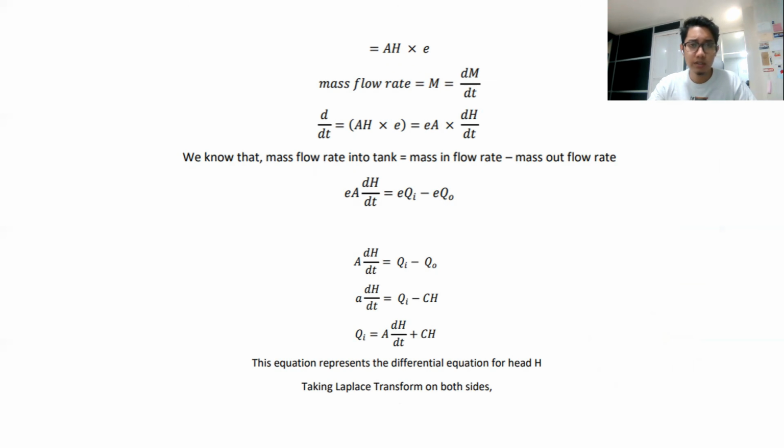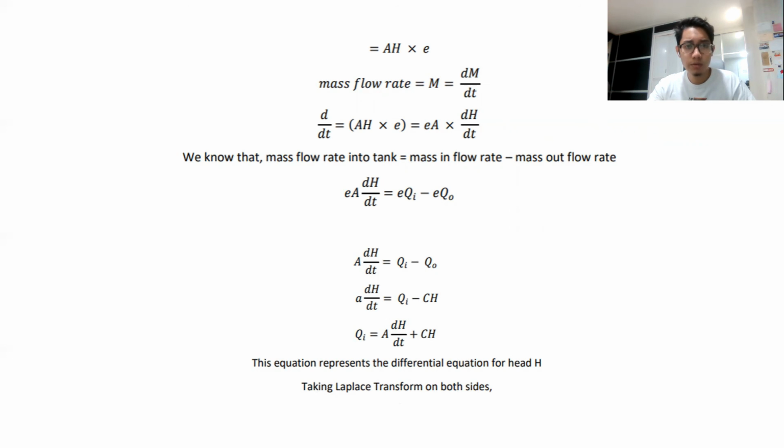The mass flow rate is dm over dt, which is when we differentiate m against t, and dm over dt is equal to rho A times dh over dt, because we just expand it.